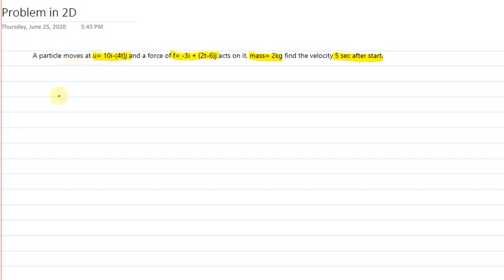Let's see the component of velocity along the x-axis, I'll call it ux. Whatever has i on it is the component along the x-axis. Similarly, I have uy, which is -4t j cap.